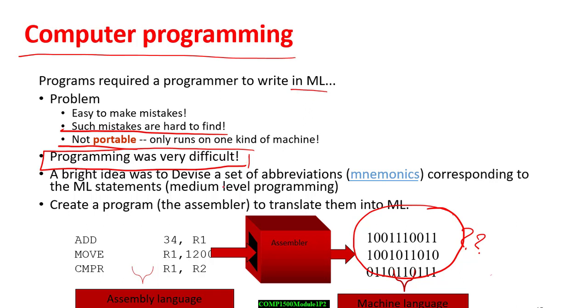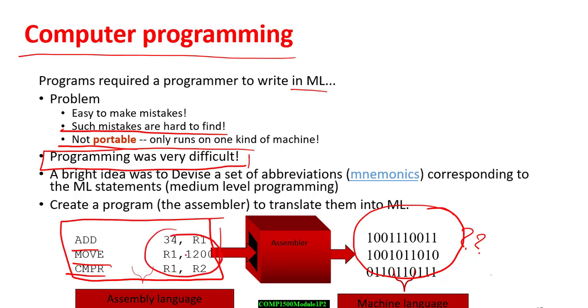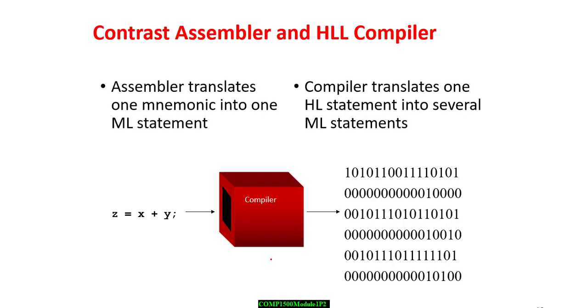On the other hand, we started using assembly, which is like small words: add, move, compare. These are small mnemonics which assemble the instructions. Who will change this to this? We have this guy over here, which is our assembler.